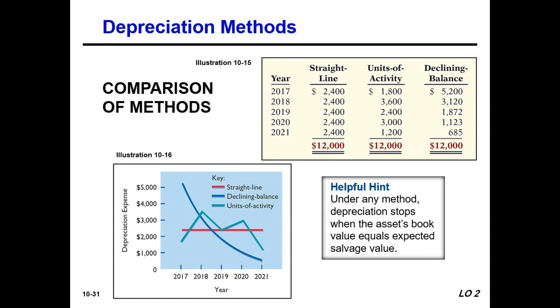But it depends on the type of asset. Like for a building, we normally use the straight line method. For machines, the unit of activity method. If you have an asset which has the highest productivity in the beginning years, then you use the declining balance method. Is it clear now?